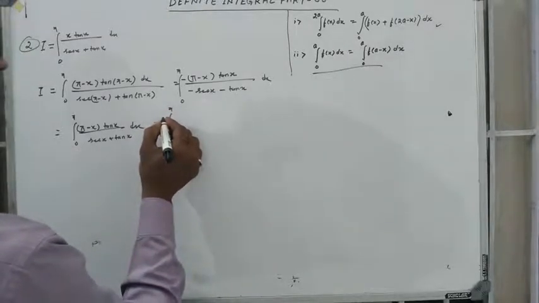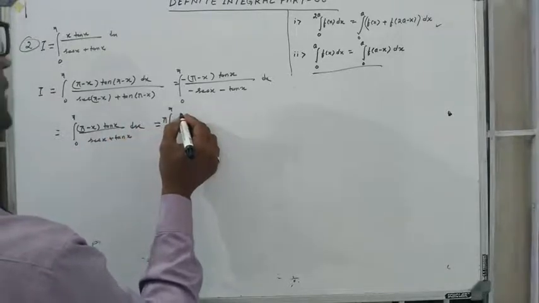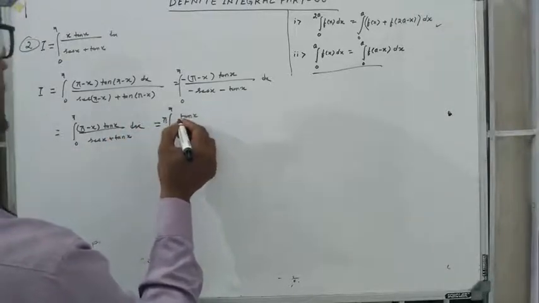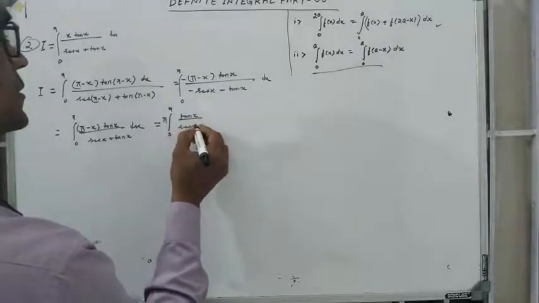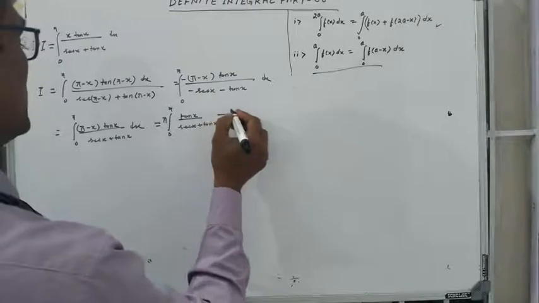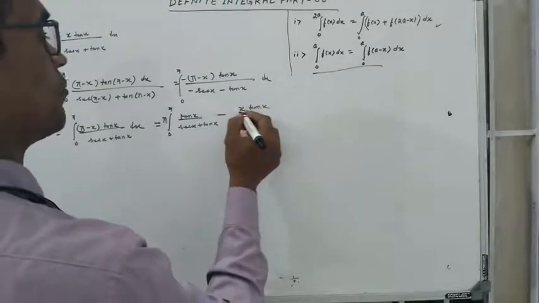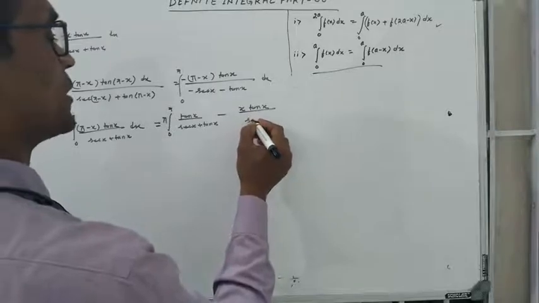To pi by 2, pi is common, then 10x by sec x plus 10x, and then minus x 10x by sec x plus 10x.